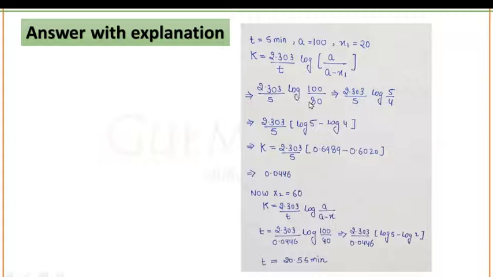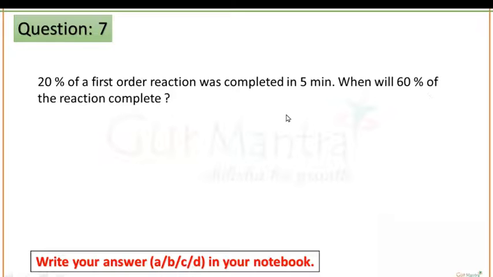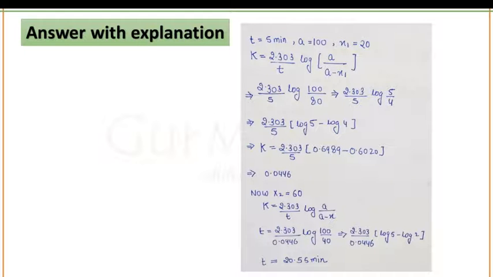When you solve this equation, you will get the value of the rate constant K as 0.0446. Now you have to calculate for 60%. When will 60% of the reaction be complete? So you have to calculate the time for 60% of the reaction. Now the value of x2 is 60. So you write the formula K = 2.303/t log A/(A - x).